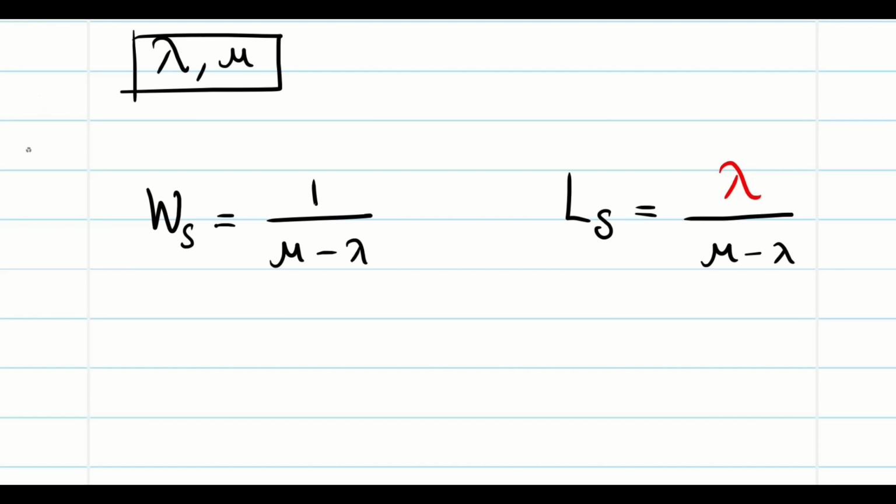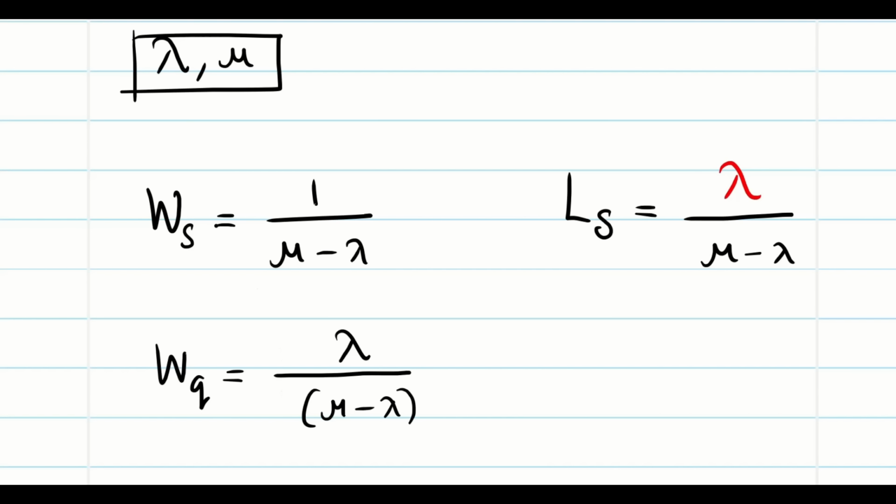It's over now. The next one is similarly WQ. What is the formula for WQ? It is going to be mu minus lambda in the denominator. I'm going to take this lambda again.